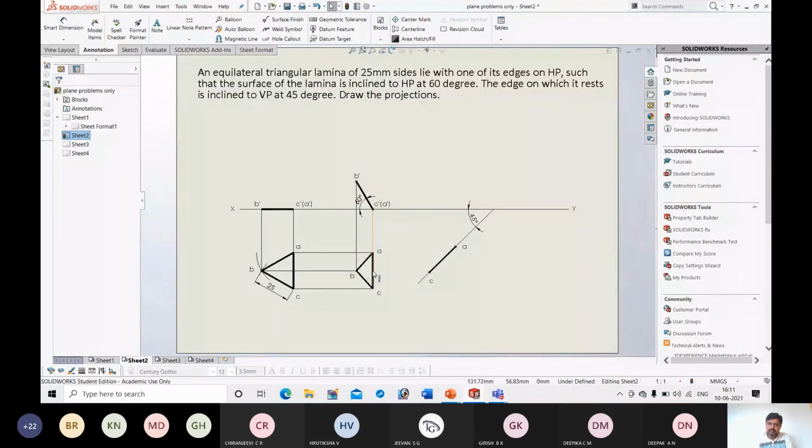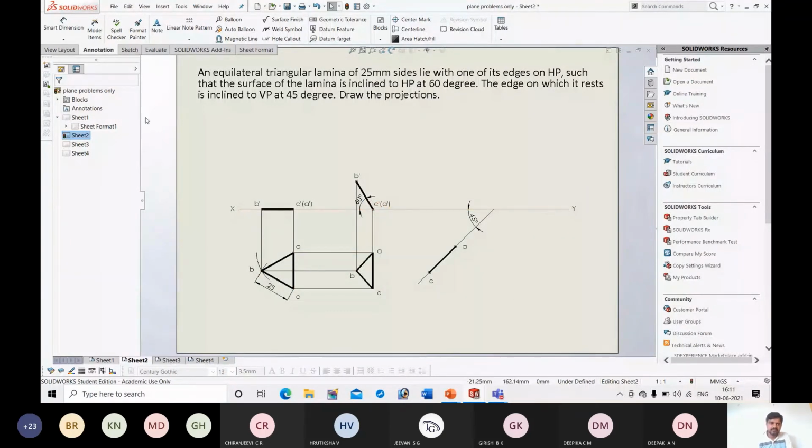Whereas the length of AC still remains the same because it remains parallel to HP, since this edge is on HP. Whereas this, because of the inclination, got reduced.